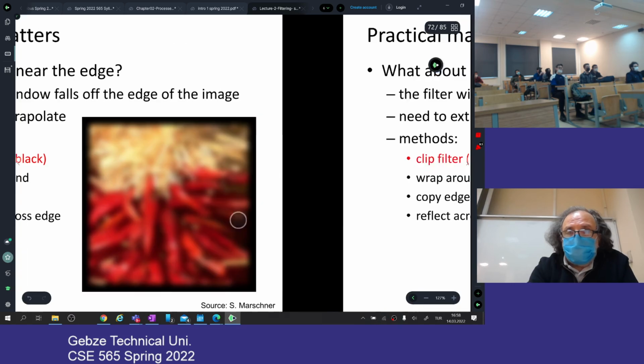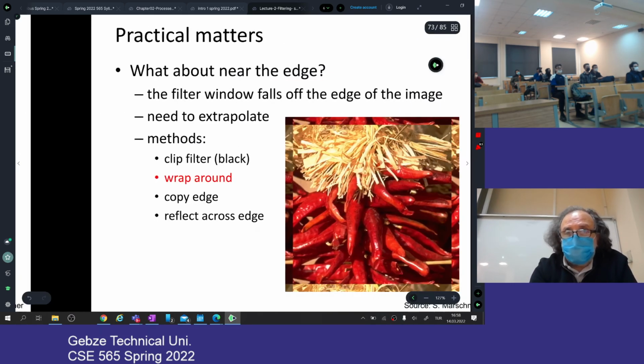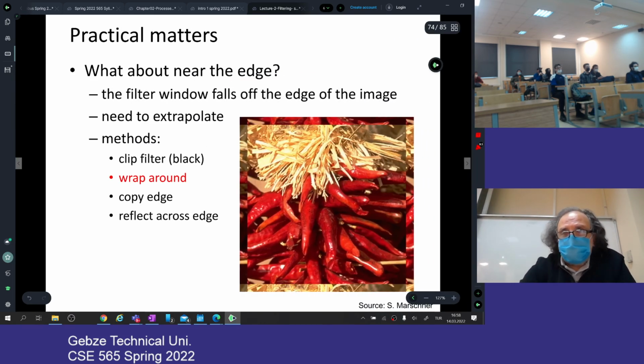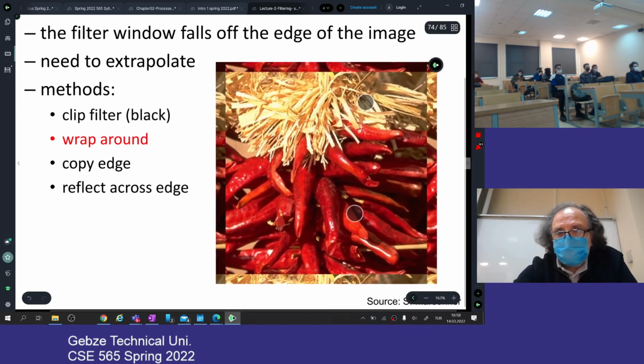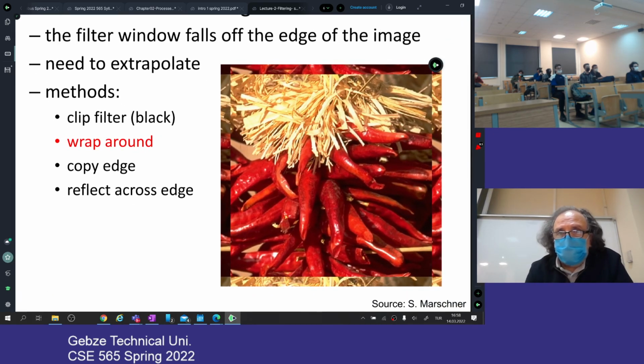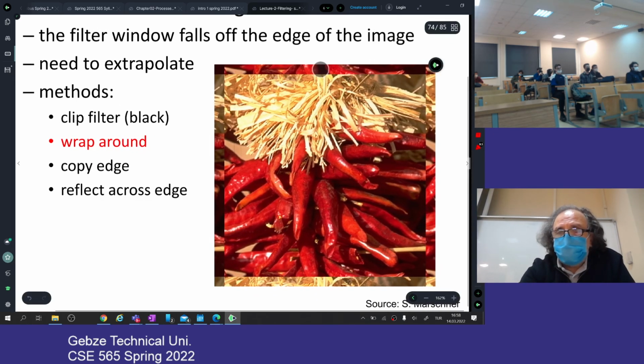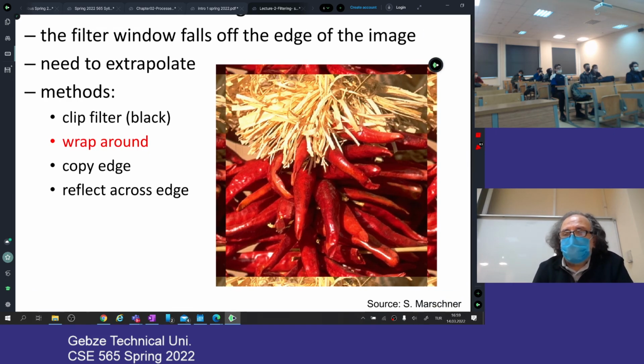Okay. The other one is wrap around. Did you understand what wrap around is? So at this position first, enlarge your image a little bit.